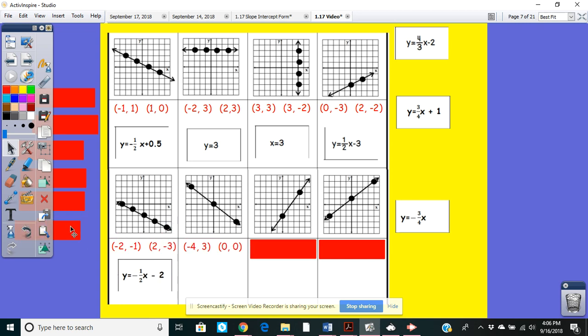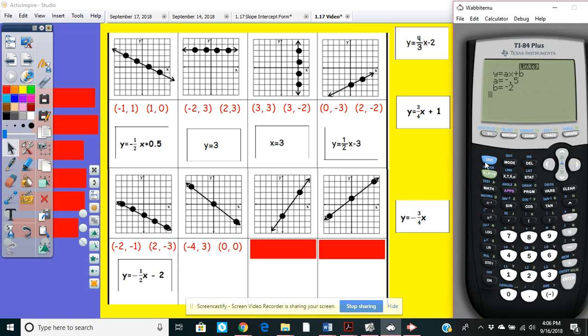All right. This one I've got a point at (-4, 3), that's this point here, and then at (0, 0), right at the origin. So Stat, go into your list.